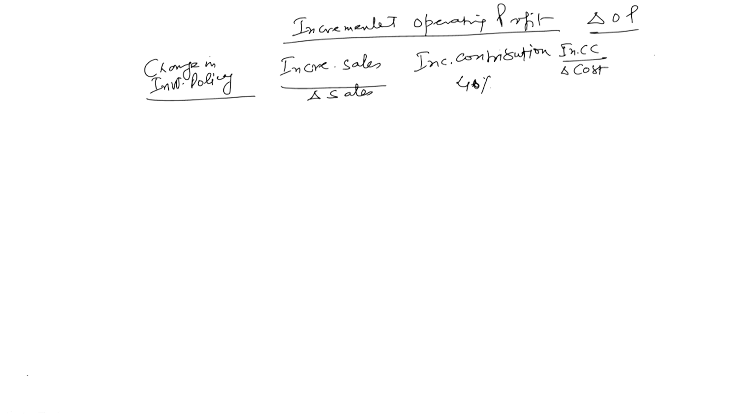Then will be the incremental operating profit before tax. You can say it is a delta operating profit, OPBT, operating profit before tax, and then the incremental operating profit after tax, OPAT.